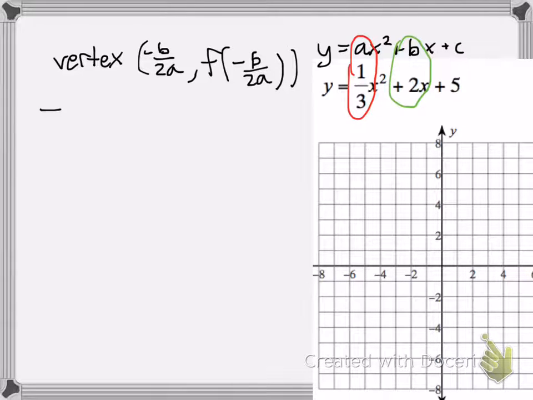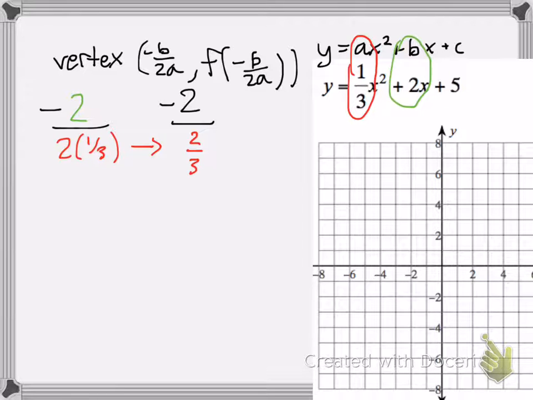So let's do negative B all over 2 times 1/3. And let's do this bottom part first. So I have 2 times 1/3 on the bottom, and that is going to become 2/3, right? Because I had 1/3, but I multiplied them by 2, so now I have 2/3.